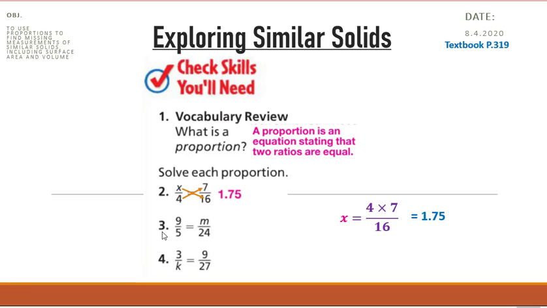Number 3, if you know the answer, write the answer. You are going to multiply 9 and 24 and divide by 5. Great, Abdul Rahim, is it 2?